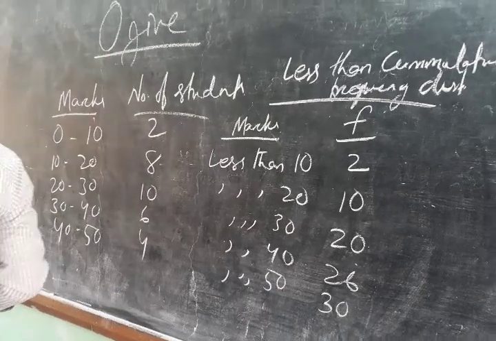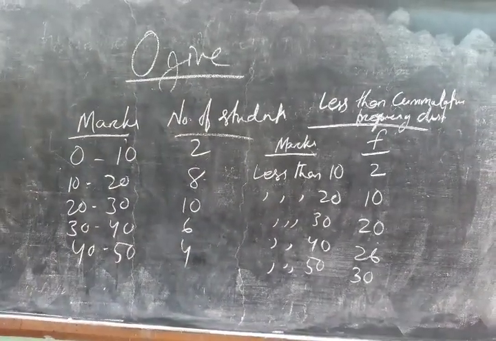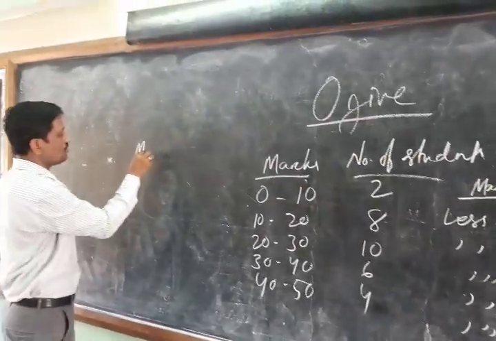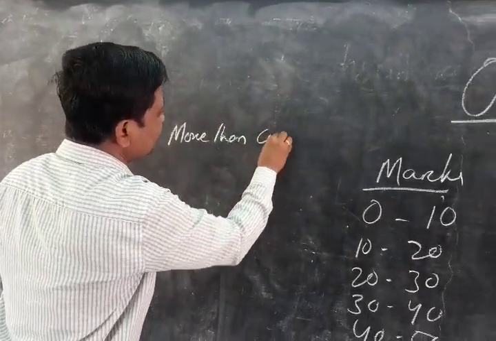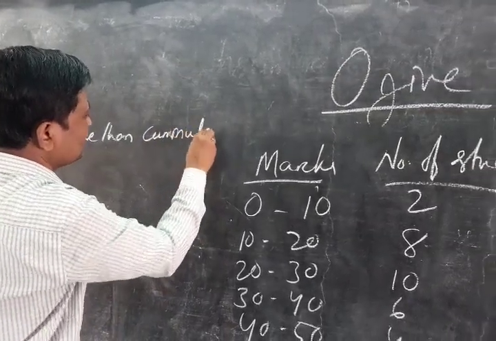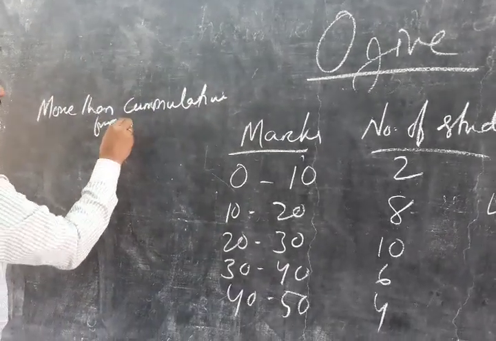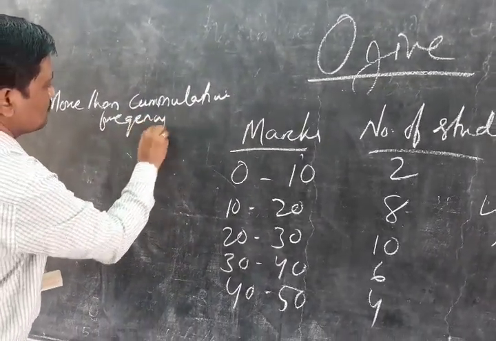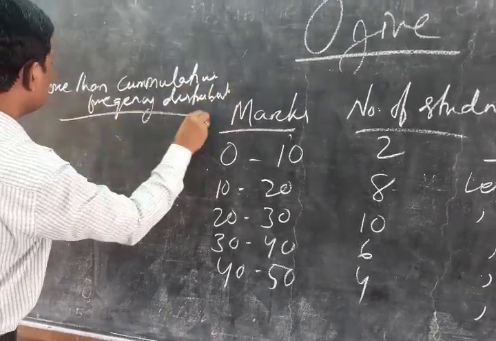Likewise, if you want to construct the more than cumulative frequency distribution, what do you have to do?